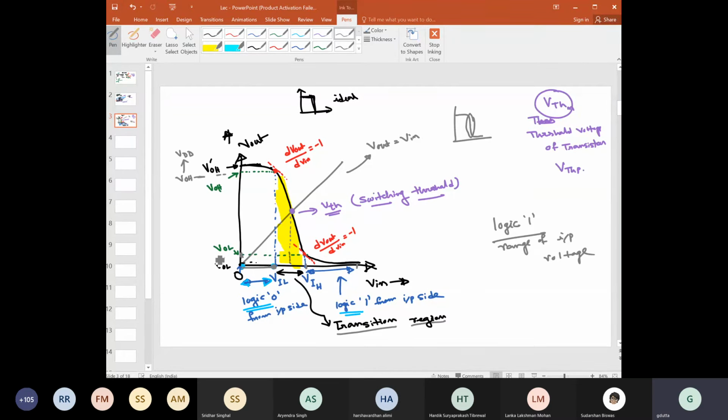Similarly, anything below VOL, which in this case is at most 0 volt, so from VOL to 0 volt, can be considered as output logic 0.